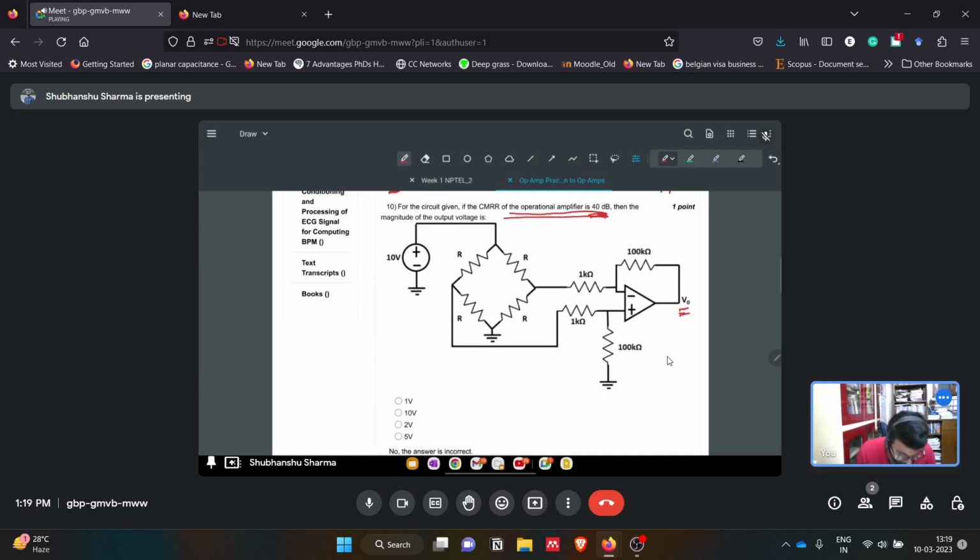Now if we analyze this circuit, there is a bridge circuit here, the bridge like R, and the input is given to both of the input terminals of this op amp. So this is basically a differential op amp.